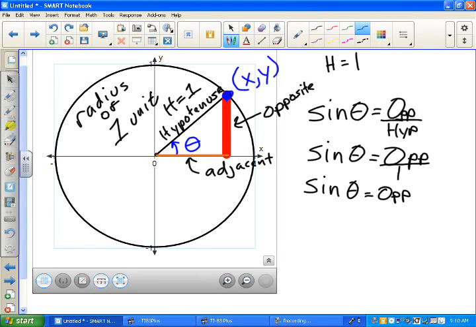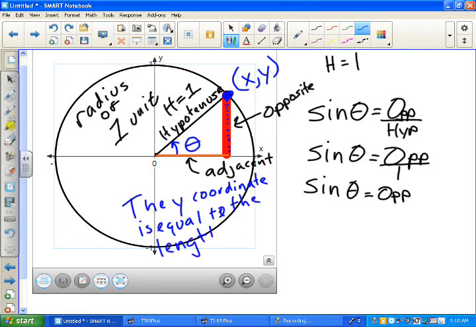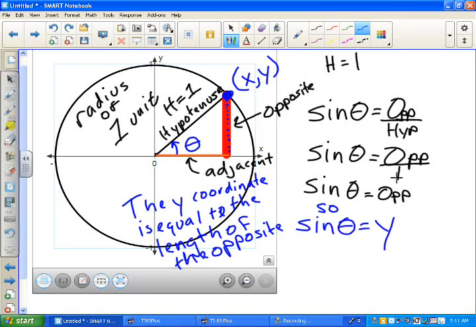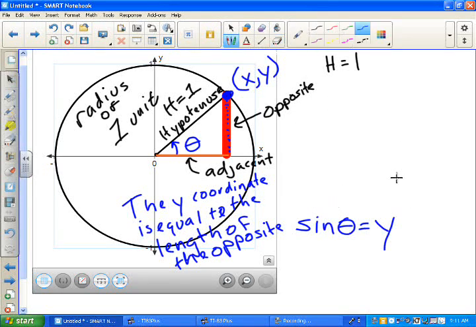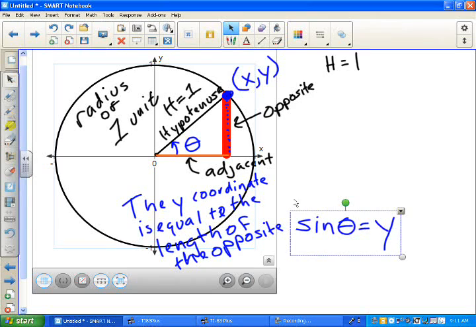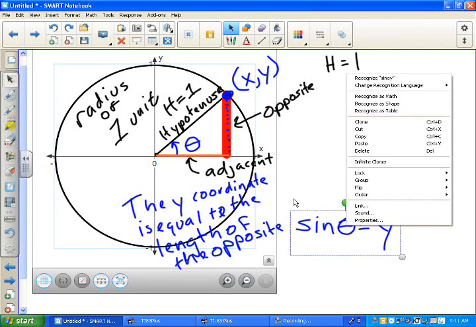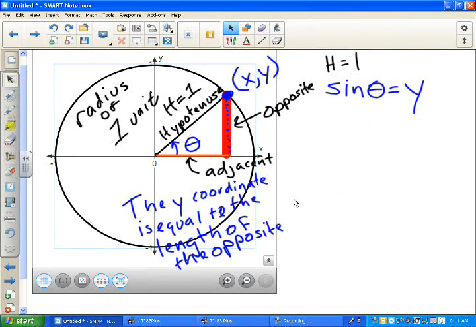If we look at the point where it intersects the circle, we notice that the y-coordinate is equal to the length of the opposite side. So in essence, sine of theta is equal to y of the point on the circle based on what theta is. As we sweep that around, the y-coordinate will always equal sine of theta because it is equal to the opposite side length.